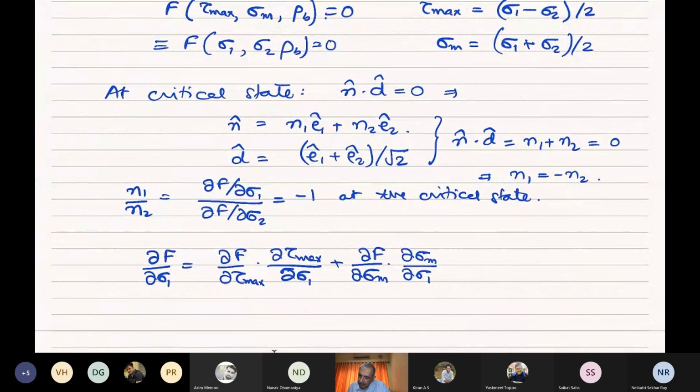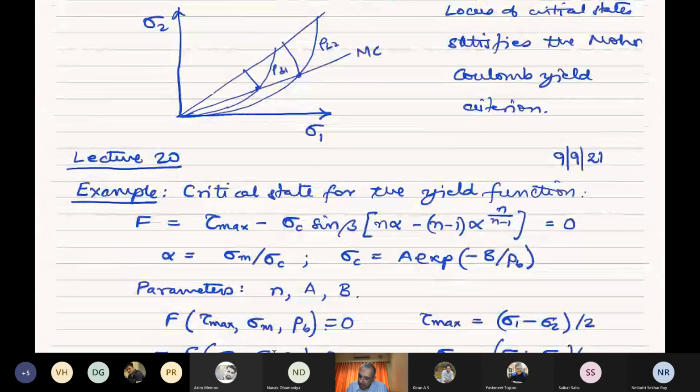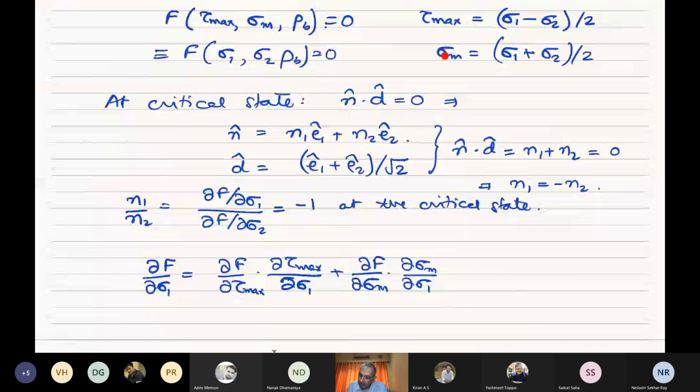So here we can calculate all of these things, but the main thing is that you see del of tau max by del sigma 1 is just half, and del of sigma m by del sigma 1 is also half.